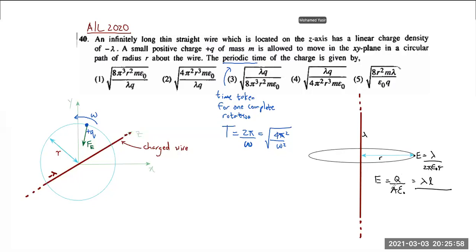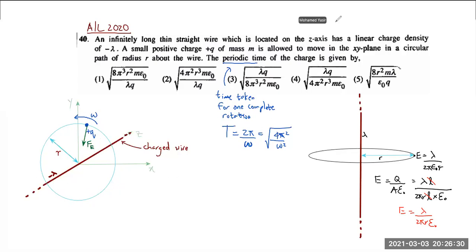Divided by, for area, we put the surface area of the cylinder, which is 2 pi r L, into epsilon naught. So L and L get cancelled off, and E is equal to lambda over 2 pi r epsilon naught. Fine? So that is the equation for E, electric field intensity along this circle.